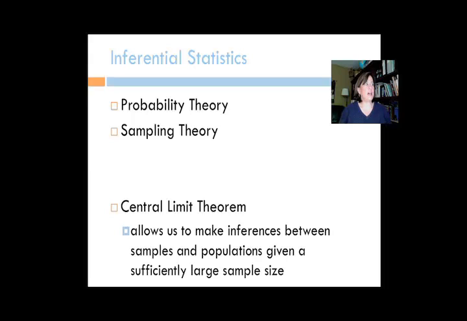Probability theory is mathematics, and it underlies the variety of topics in social science research, including sampling and survey research. So it underlies sampling, it underlies significance testing, so hypothesis and significance testing.